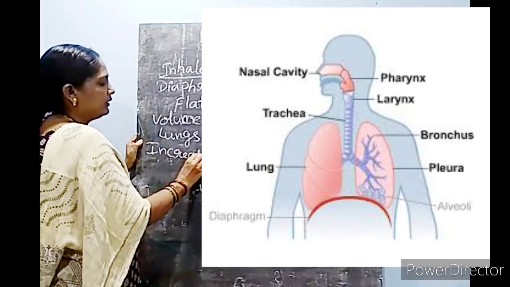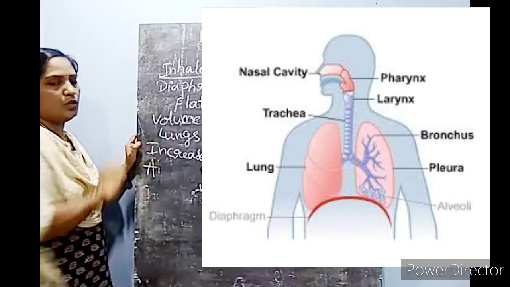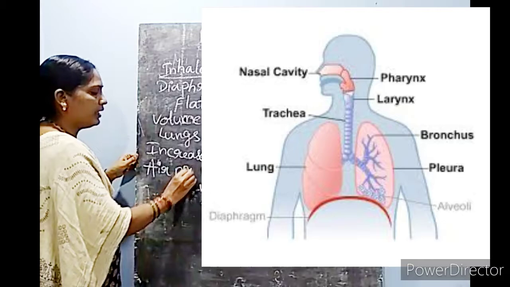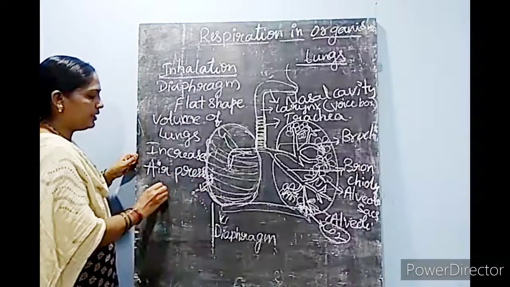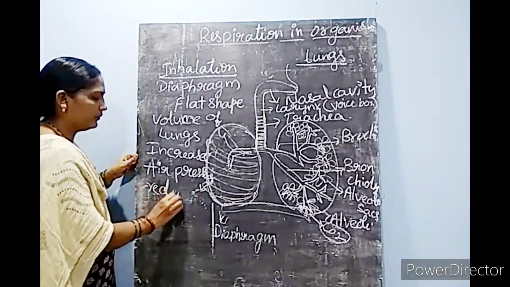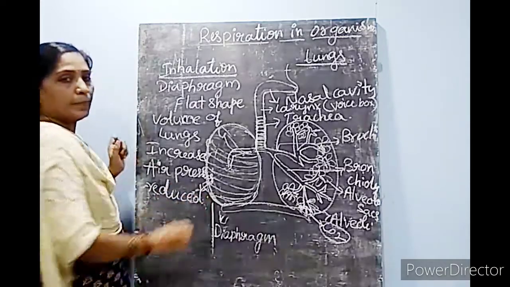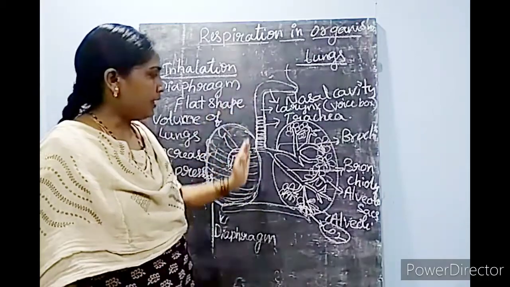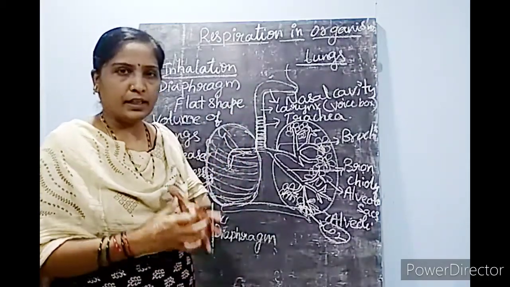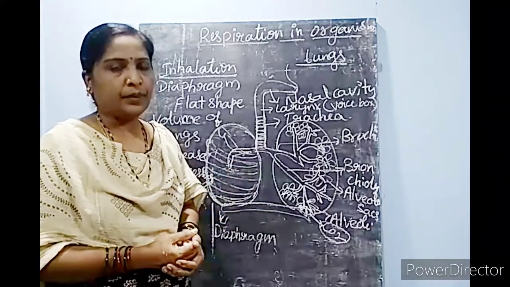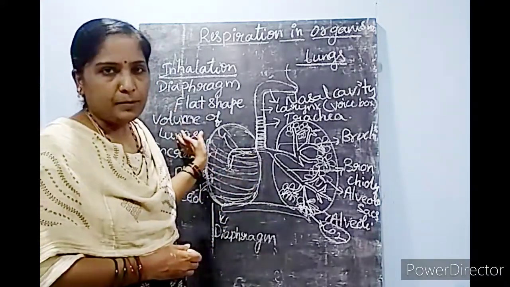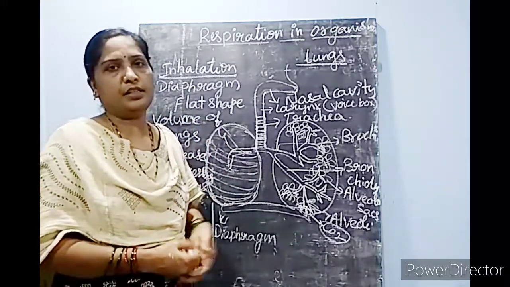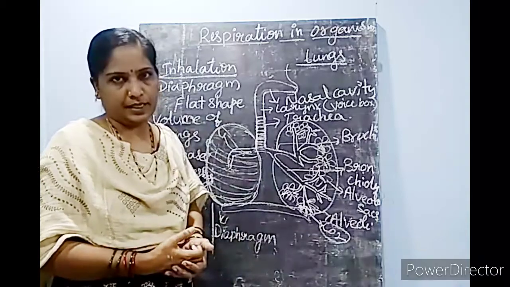Since the volume is increased inside the lungs, the air pressure is reduced. Because of the reduced air pressure, we breathe air inside and the lungs expand. These are the changes taking place at the time of inhalation, when we are breathing the air in.